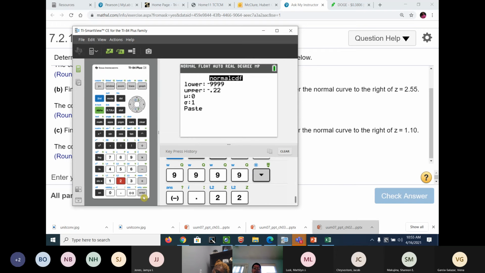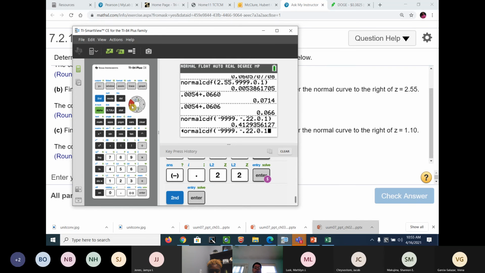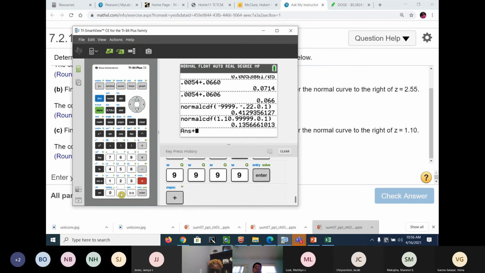So the blue area, I got 0.4129. For the pink area, second enter, 1.10, comma, 9999. 0.1357. 0.1357 plus 0.4129.